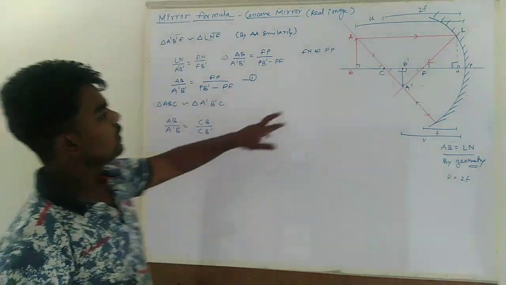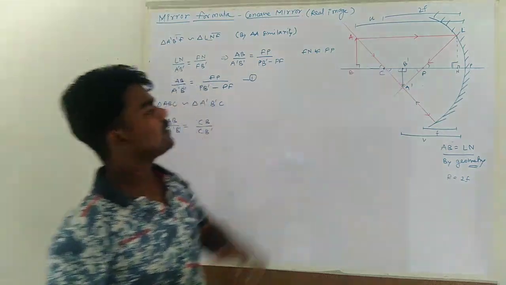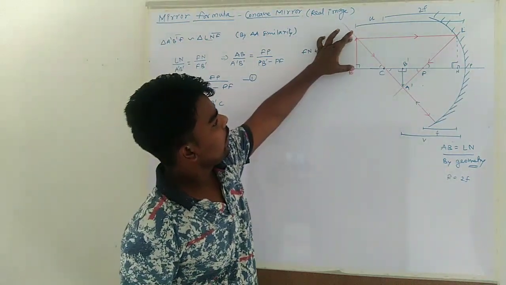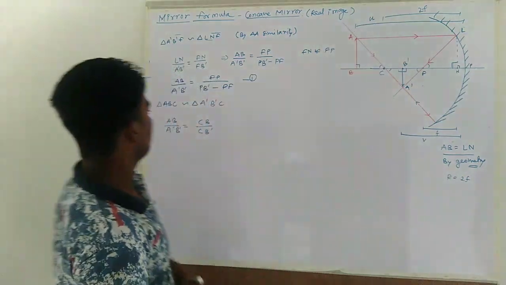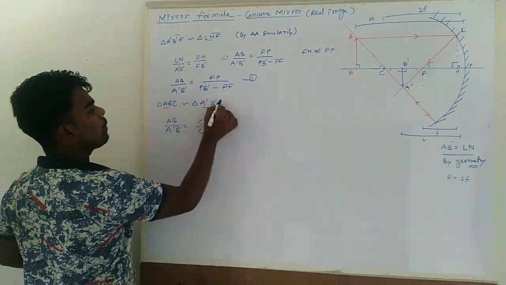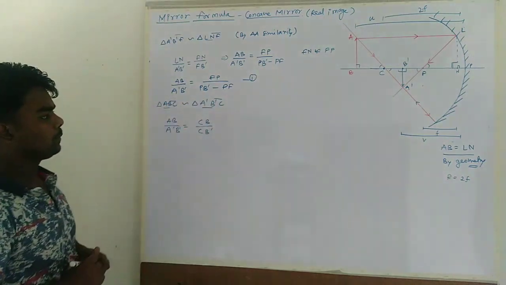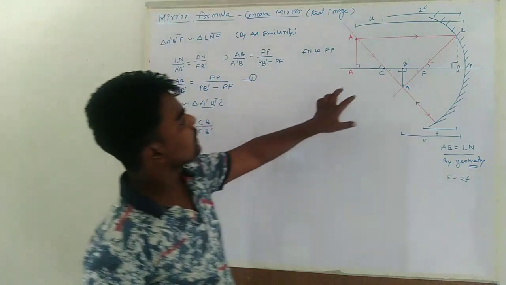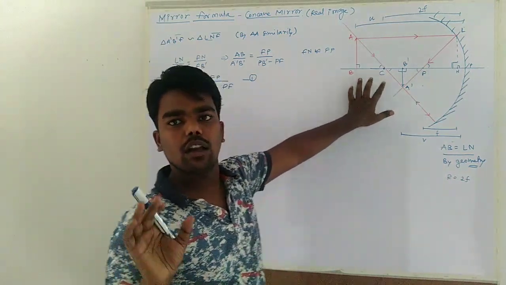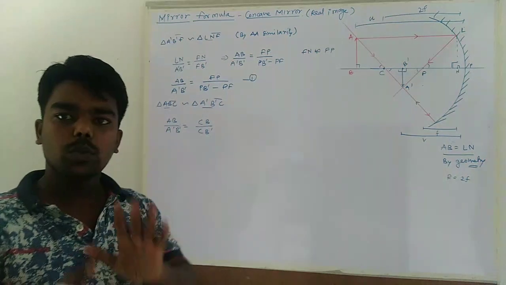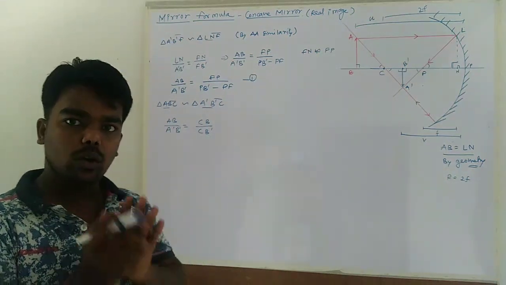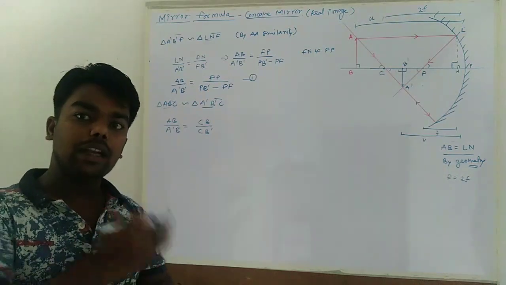AB upon A dash B dash and CB upon CB dash. Now again CB is not in a form which we know, like U, V and F. So we will try to write in those forms.